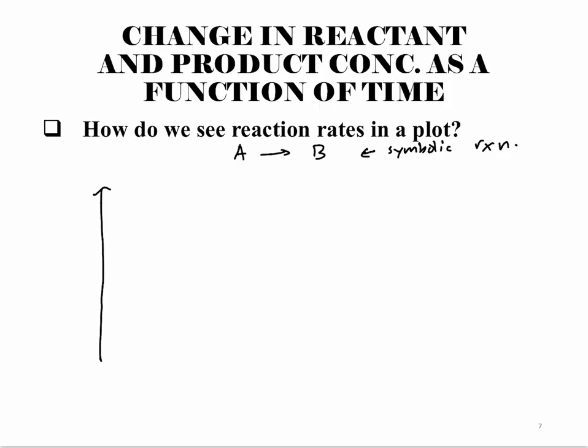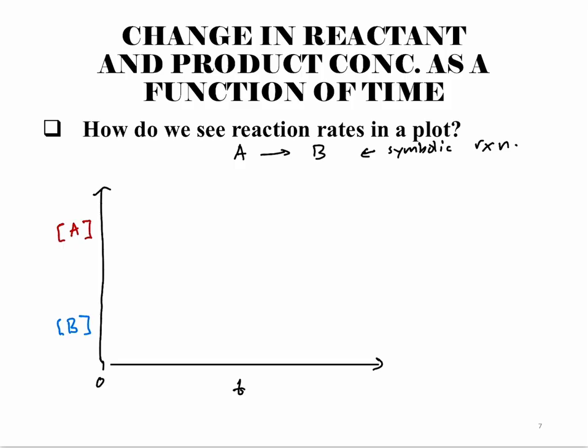reaction, and we can plot the concentration of A in one color, and in blue we'll have the concentration of B, and we'll look at how they change with respect to time. So if we start off with all of A, should the concentration of A be higher or lower than B at the initial time?